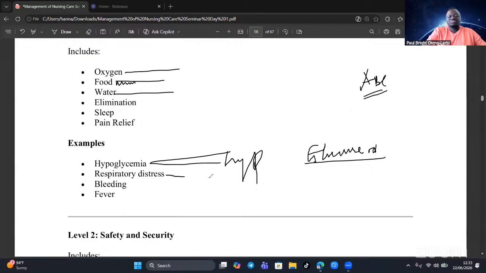A person is having respiratory distress. You will not prioritize this over airway patency. Because respiratory distress is a bundle, a chunk of conditions that come together.